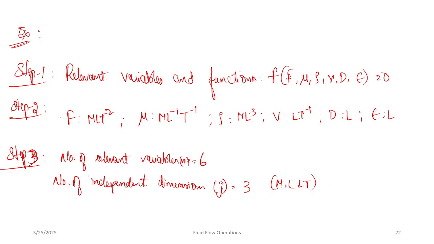So now we have to find out the number of non-dimensional groups that can be formed. So it will be n minus j, which is equal to 3.